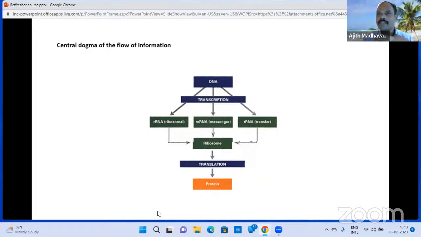Okay, so this is the information. The sequence is the information that is present in the DNA. The information is written in the DNA by these 4 letters. The nucleotides are the letters that we are talking about, the 4 letters.